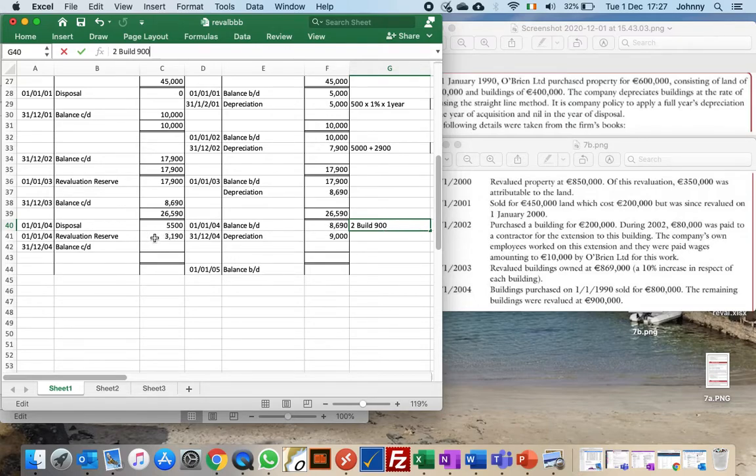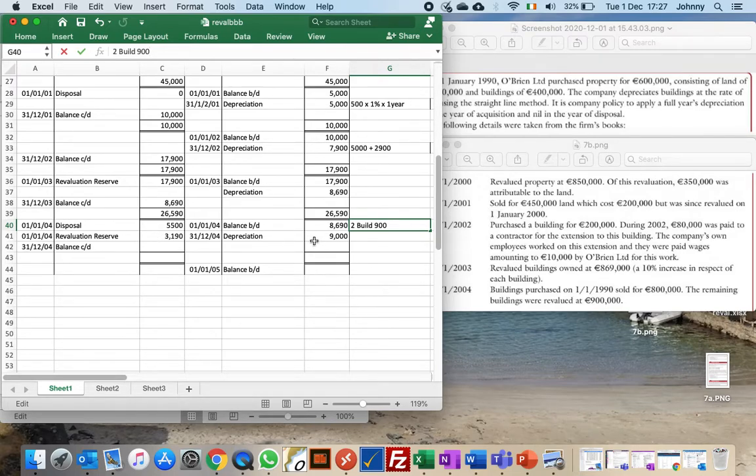But it originally was worth 319,000, so 3190 is the 1 year's depreciation on that since I previously valued it. So then I go and depreciate it. I've basically cancelled all of my balance BD, some of it because I got rid of one of the buildings, and the other building I've revalued, so I'm cancelling the depreciation on that and transferring that to the revaluation reserve.